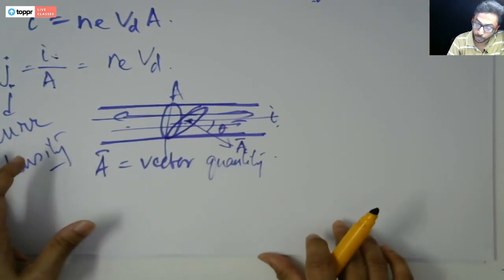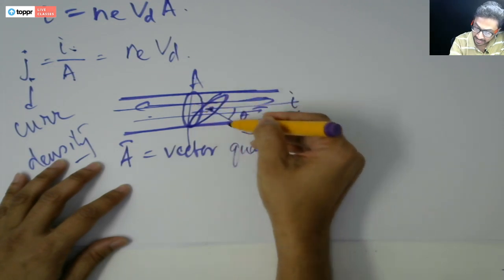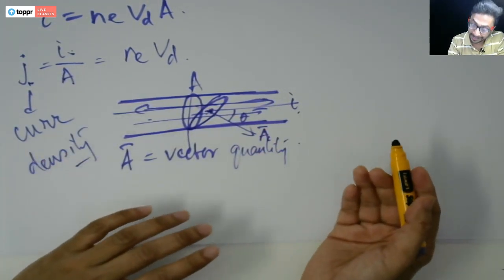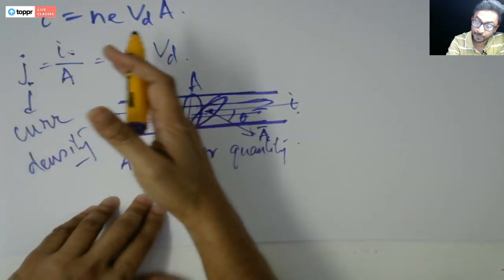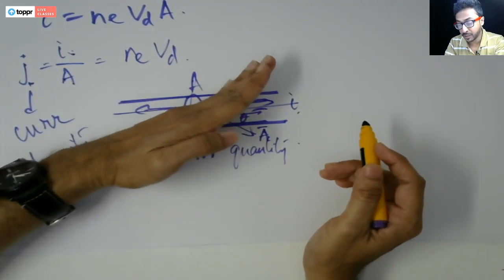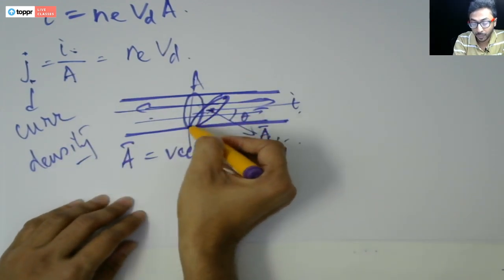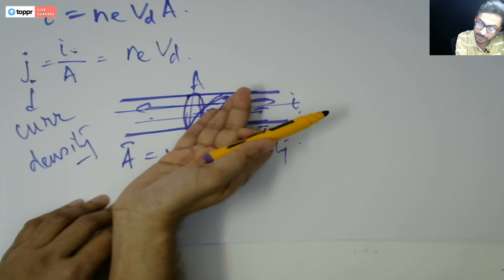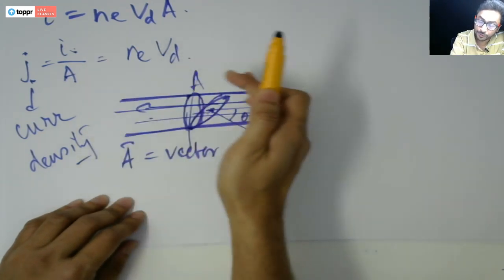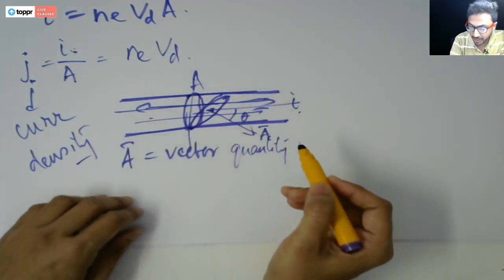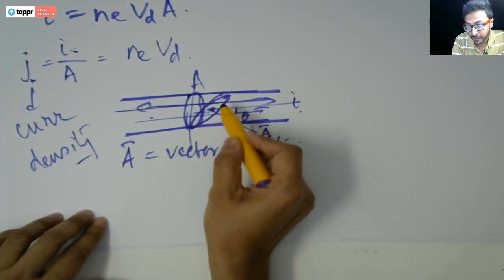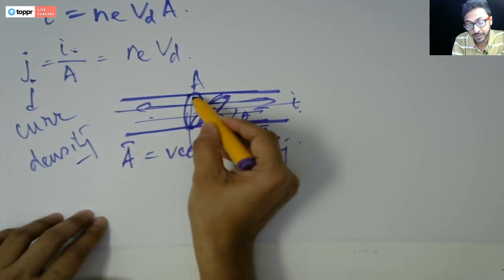To get an idea how much current is flowing through unit area, we need to take the area which is perpendicular to the flow of the current. So this area will be nothing but the cos theta component of this area.